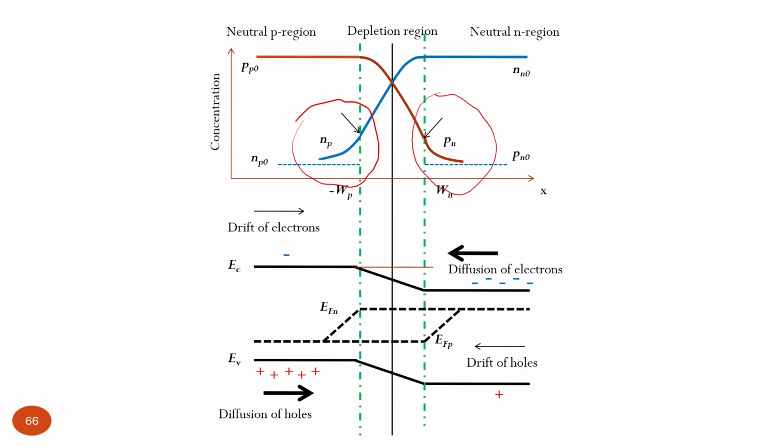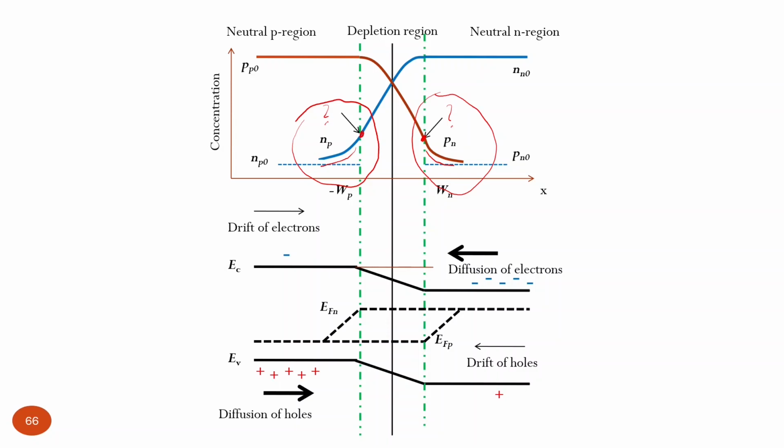So our question was, what will be the concentration of holes and electrons here at the edges, and also how this concentration of minority charge carriers will change in the regions adjacent to the edges of depletion regions. That is important information, and we will now focus on trying to understand this.